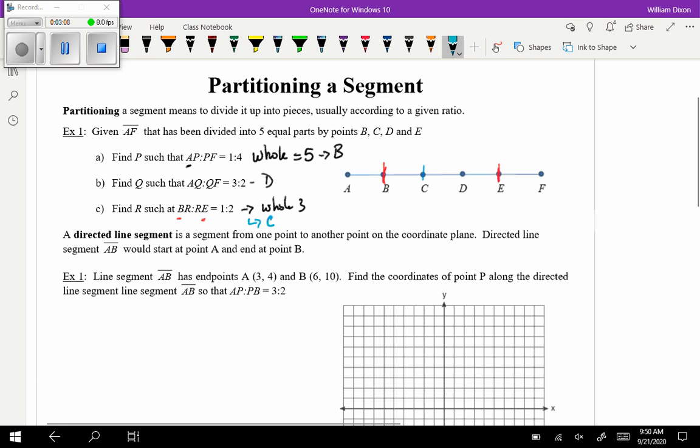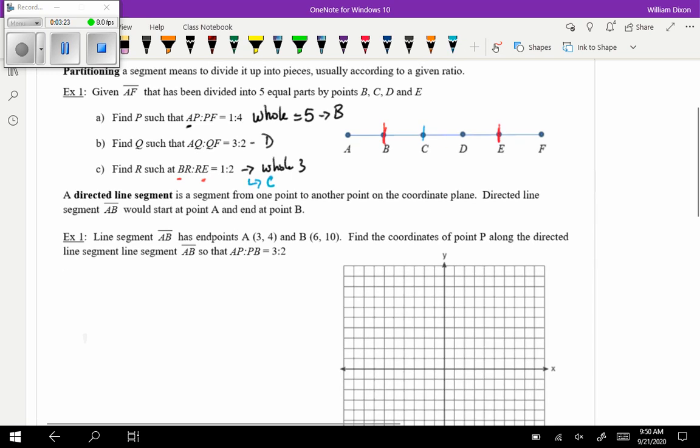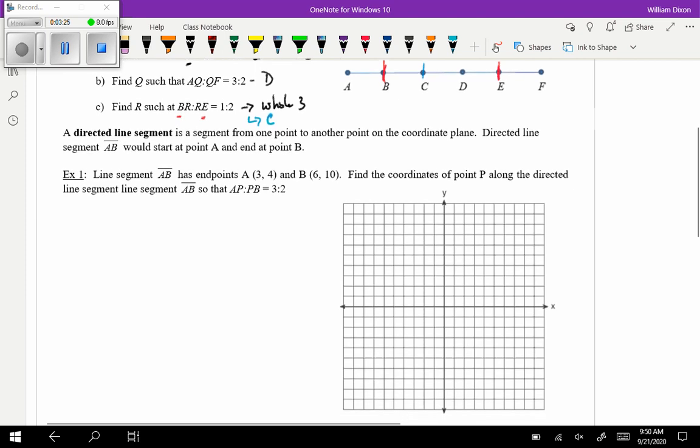All right. A directed line segment is a segment from one point to another point on the coordinate plane. Directed line segment AB would start at point A and end at point B. So I'm going to use that for my example number 1, which says line segment AB has endpoints A, (3, 4), and B, (6, 10).